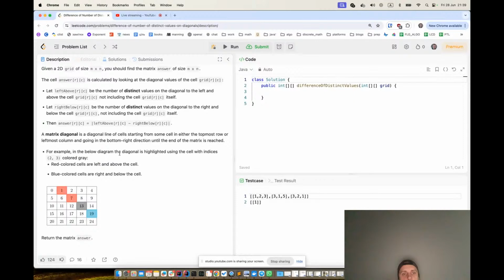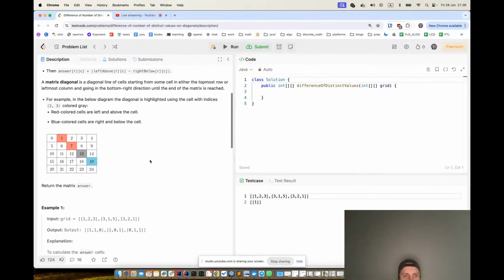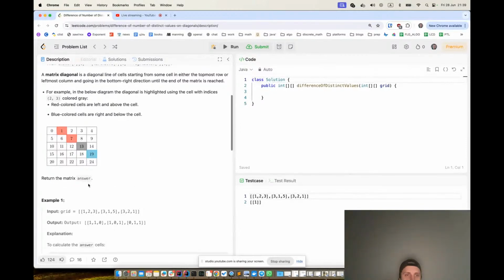So, for example, in the below diagram, the diagonal is highlighted using the cell with indices 2, 3, colored gray. Red colored cells are left and above the cell. Blue colored are right and below the cell. So return the matrix answer.